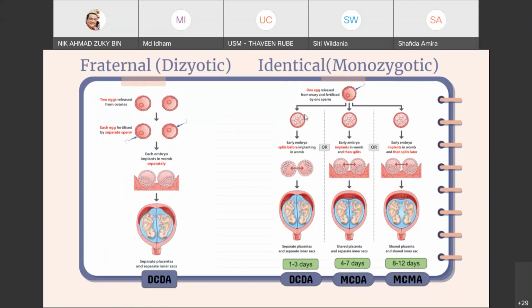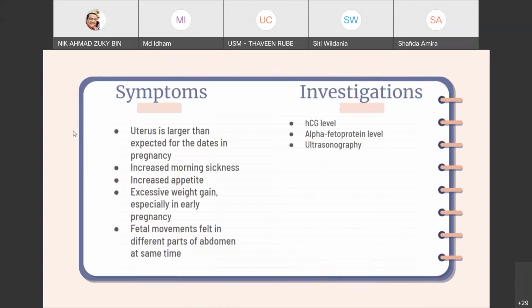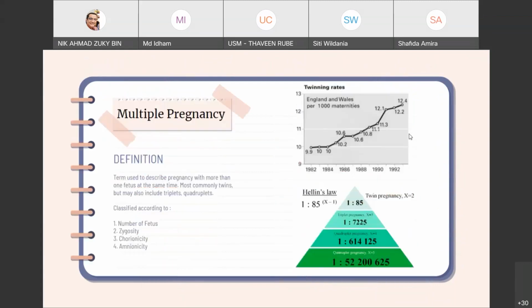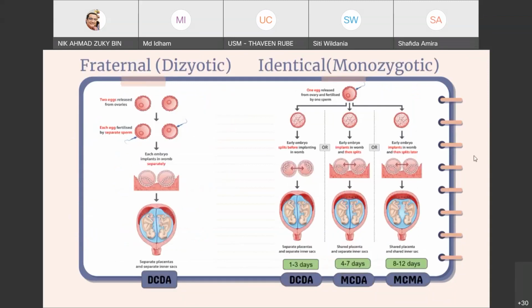So there are three conditions that might occur. The first one is the early embryo splits before implanting in the womb, which occurs in 1 to 3 days. So it will become DCDA, which is two placentas and also two inner sacs.